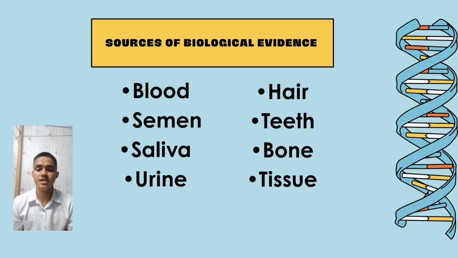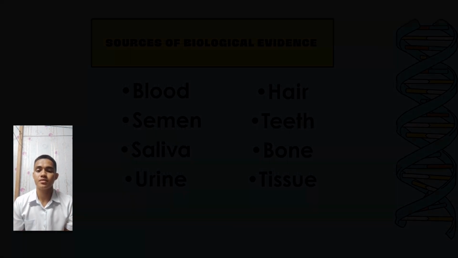Sources of biological evidence are blood, semen, saliva, urine, hair, teeth, bone, and tissue.